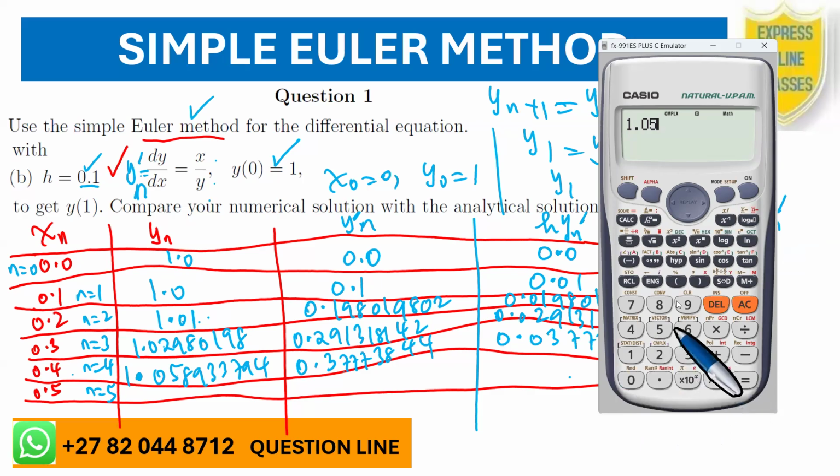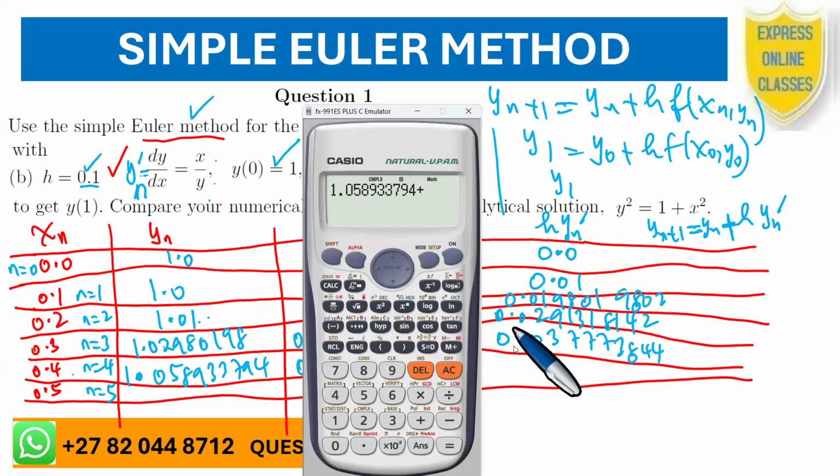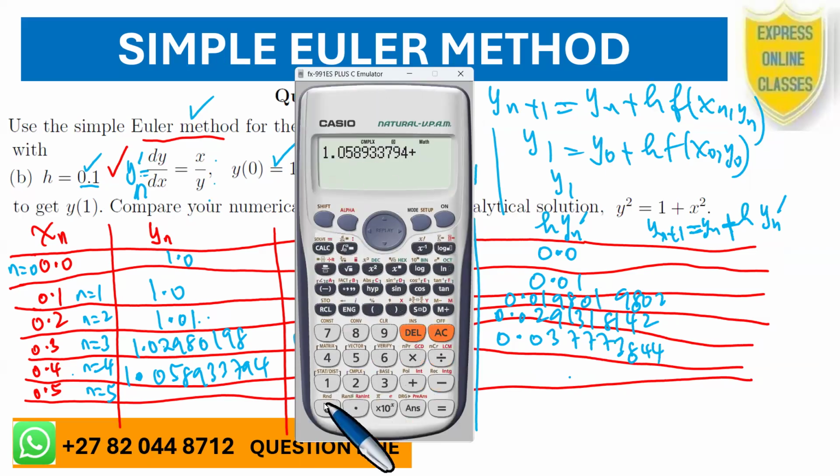To 1.058933794 you add the last one in the block, which is exactly this one here, 0.03777 3844, which is 1.096.